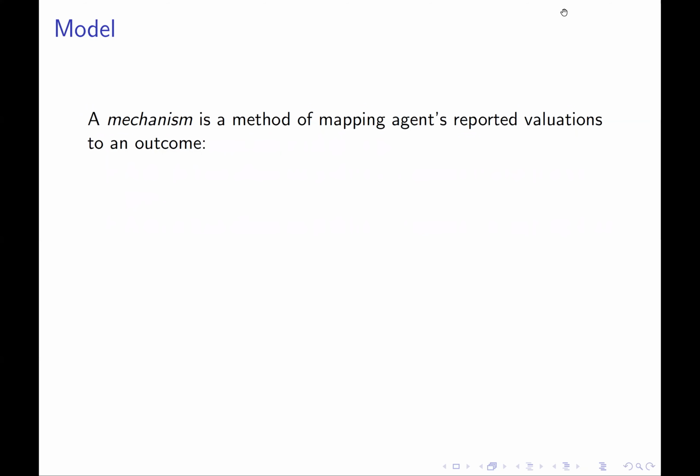Our algorithmic design space will be the following: people will report to us their claimed valuation functions, and then we will aggregate all of those, think about them, and our mechanism will choose a hopefully good outcome.